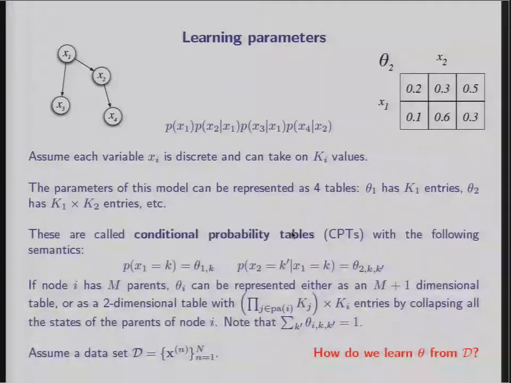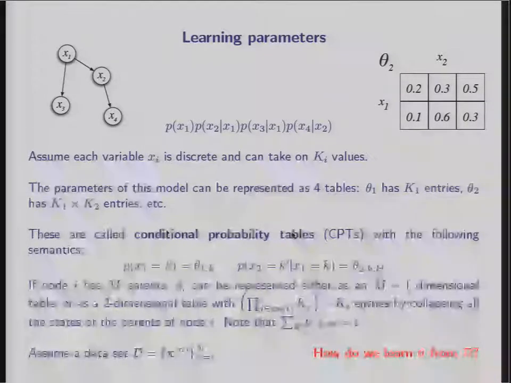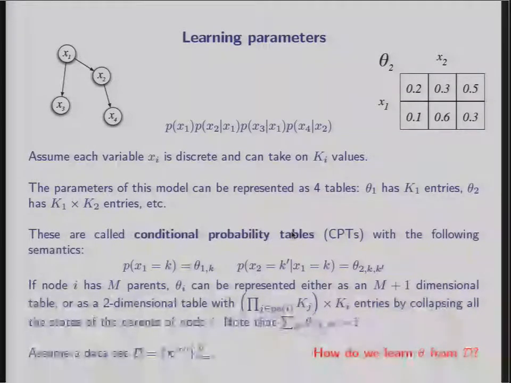In general, we can represent the parameters of discrete graphical models as a set of conditional probability tables with the following semantics. Table 2 k k prime corresponds to the table associated with the second variable, which tells you the probability that that variable takes on the value k prime, given that its parent took on the value k.